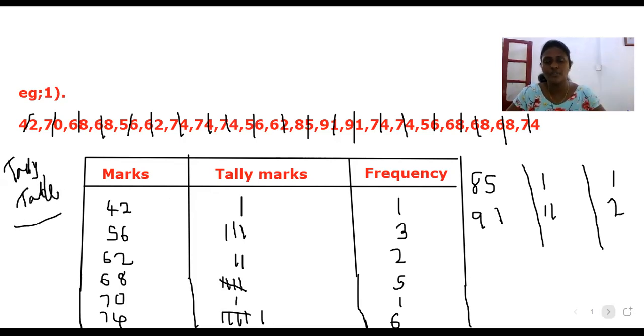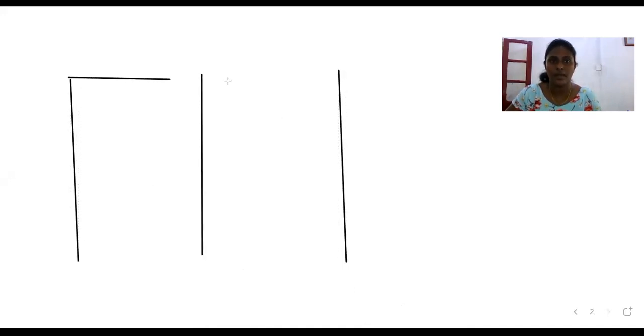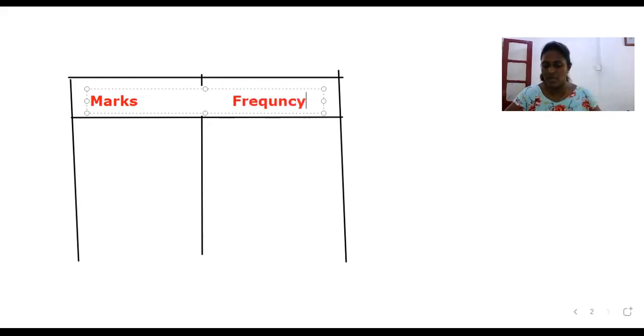Right, now from this we are going to draw the ungrouped frequency distribution. Always for the ungrouped frequency distribution, we have a maximum of 2 columns. Here just the marks, and the next is frequency. Frequency means number of students; either term you can use.